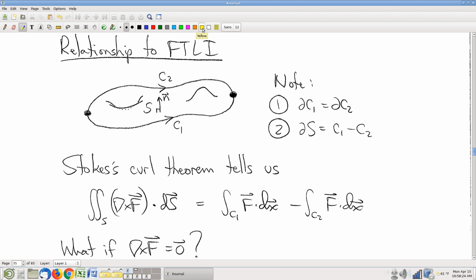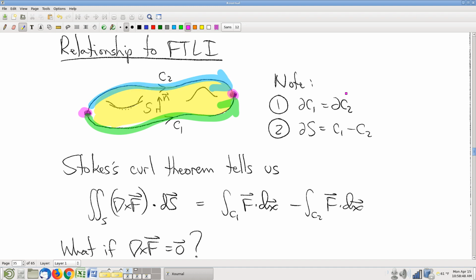If you have a surface in space like this, for example, you can talk about these two points. Pick any two points on the boundary curve. You can think about that part of the curve, call that C1, or think about this part of the curve, call that C2.